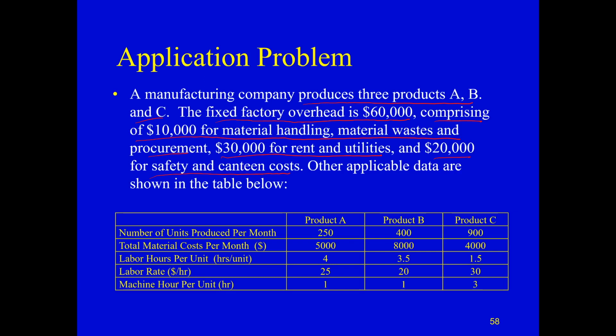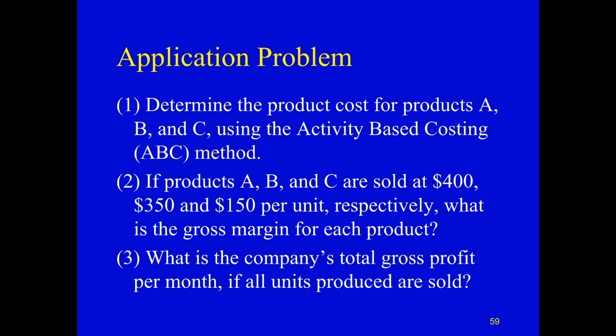The labor rate is $25, $20, and $30 per hour. And then machine hours used per unit are 1, 1, and 3. We have to determine the cost for products A, B, and C using the activity-based costing method.